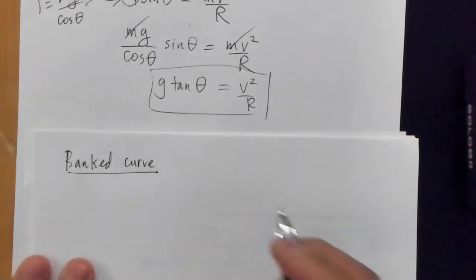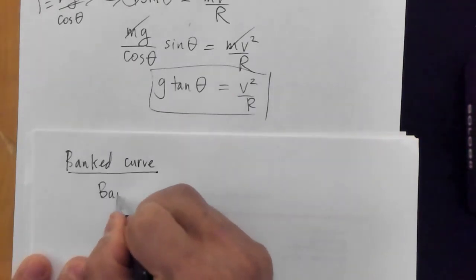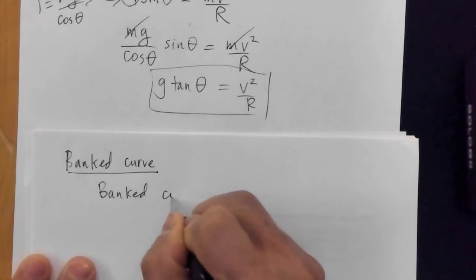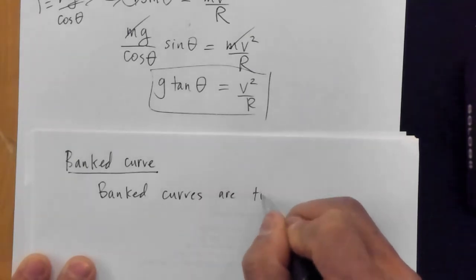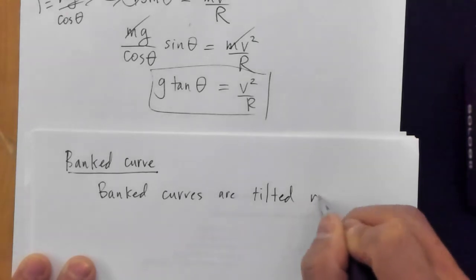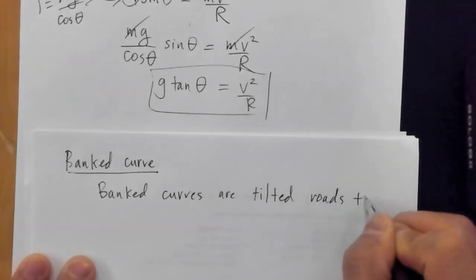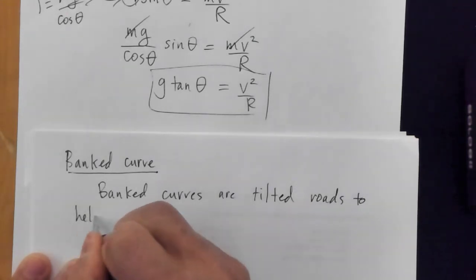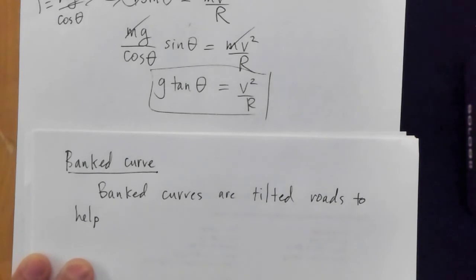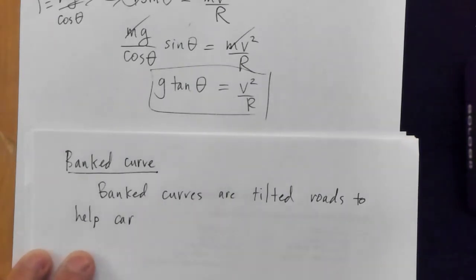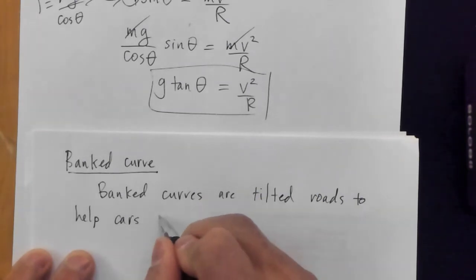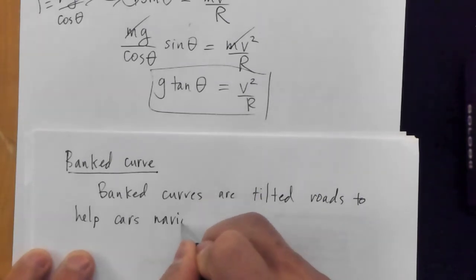Banked curves are tilted roads to help cars, or it could help bicycles if you put it on a bike track, or even runners, navigate the circular path.